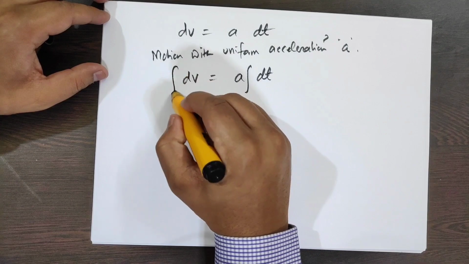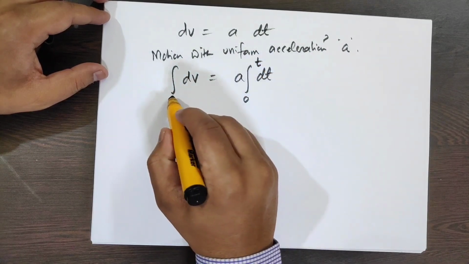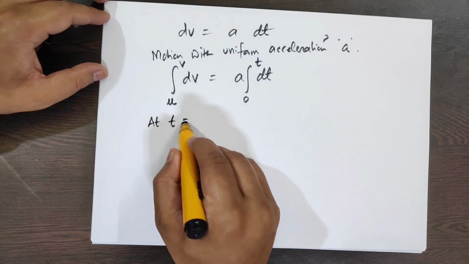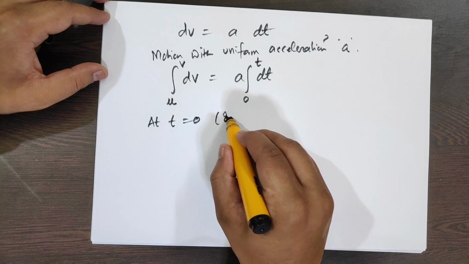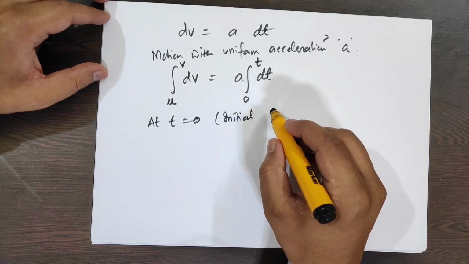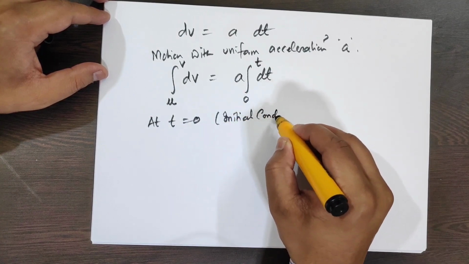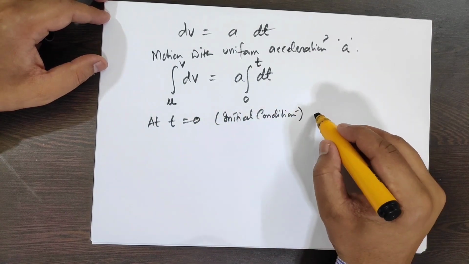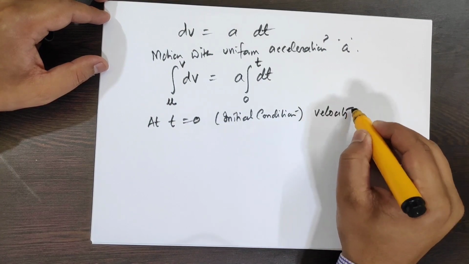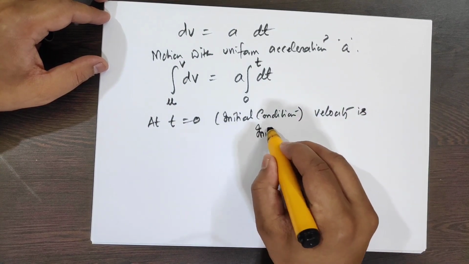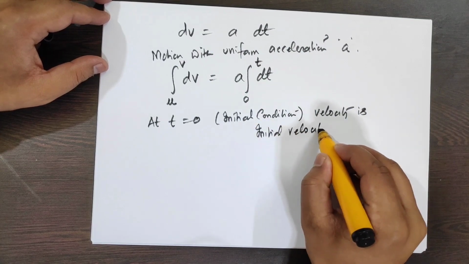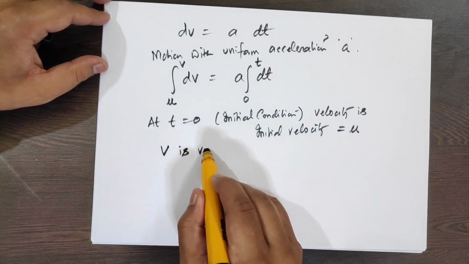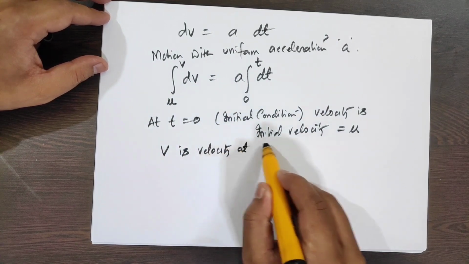So if you integrate from 0 to t, and on the velocity side from u to v, that means at time t equal to 0, you call it the initial condition. That means when you start calculating the time, or you set your stopwatch to 0, the velocity is known as the initial velocity, equal to u, and v is the velocity at any time t.